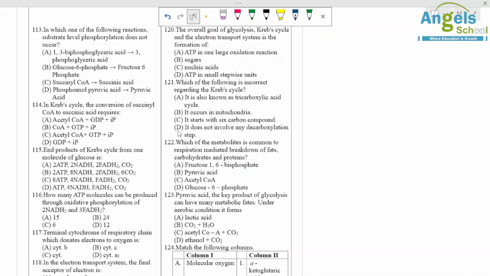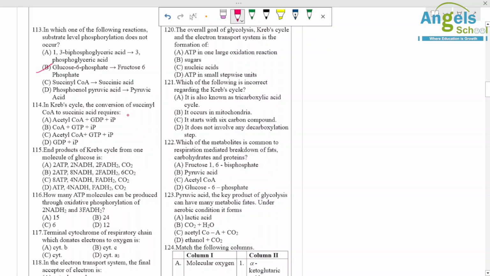So the correct option is glucose 6-phosphate to fructose 6-phosphate. During this process, substrate level phosphorylation does not occur. Only isomerization occurs during this process.